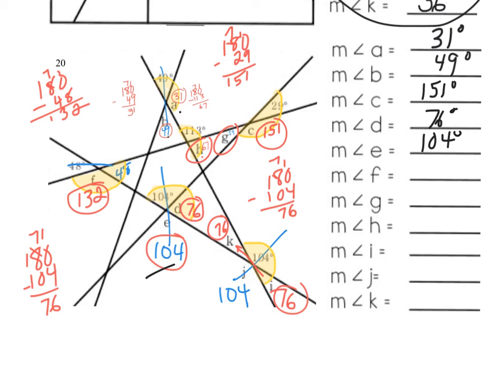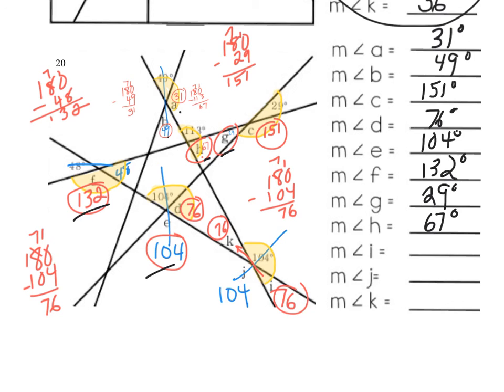F is, I put middle degree symbols there. F is right here, 132. G is right here, 29. H is, where's H? Right there, 67.